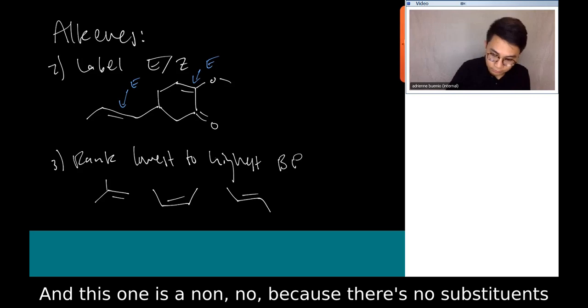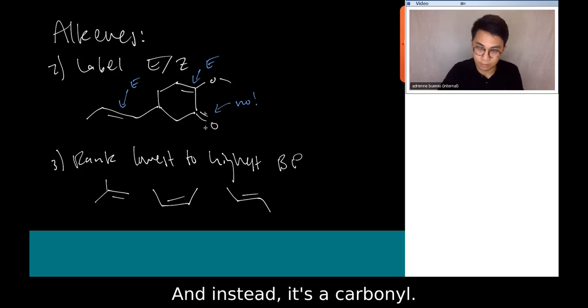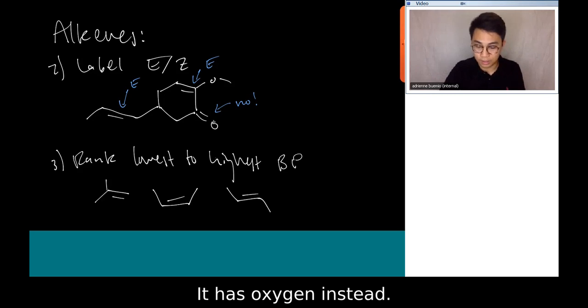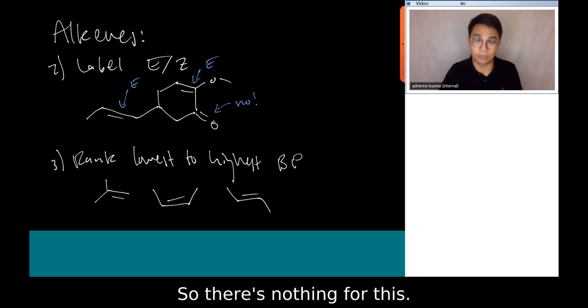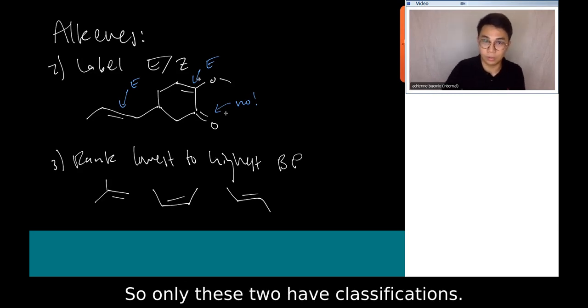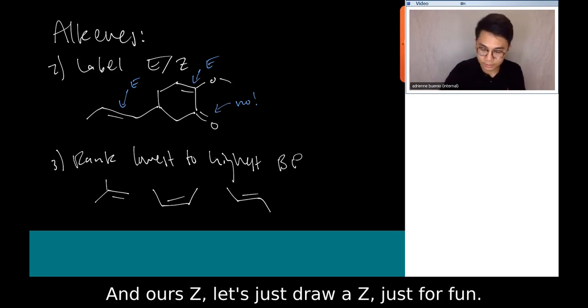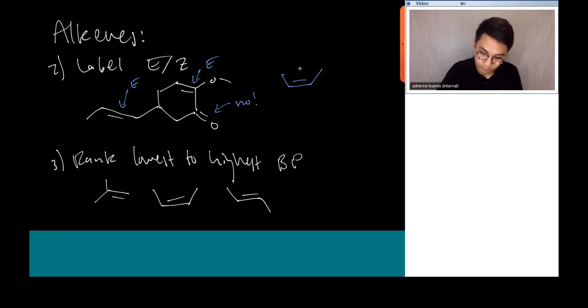And this one is none, because there are no substituents on this other side. Instead it's a carbonyl, it has an oxygen instead. So there's nothing for this one. So only these two have classification, right? And our Z, let's just draw a Z just for fun, something like this.